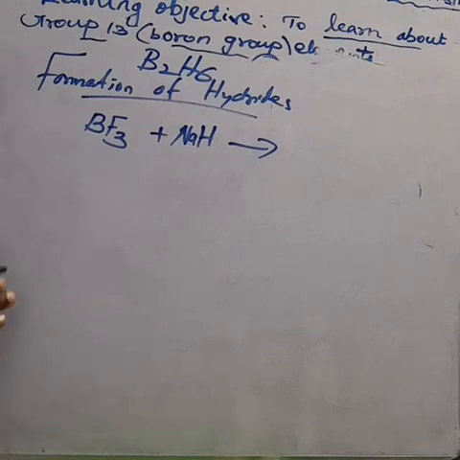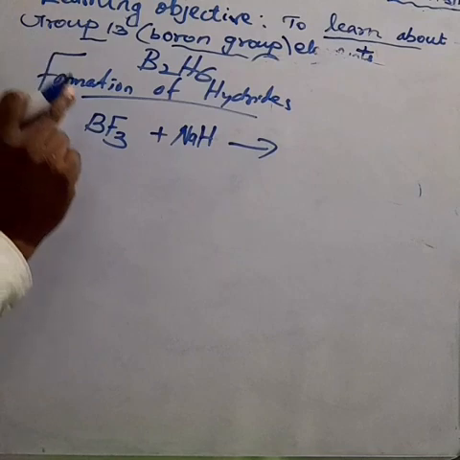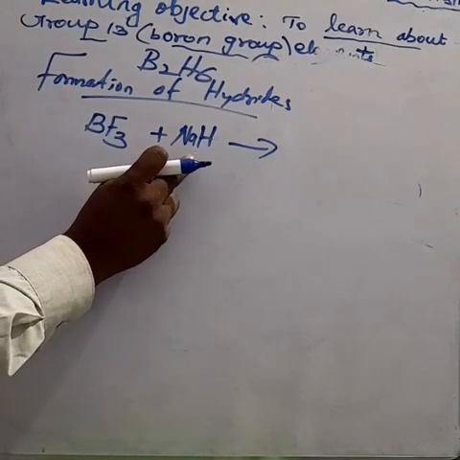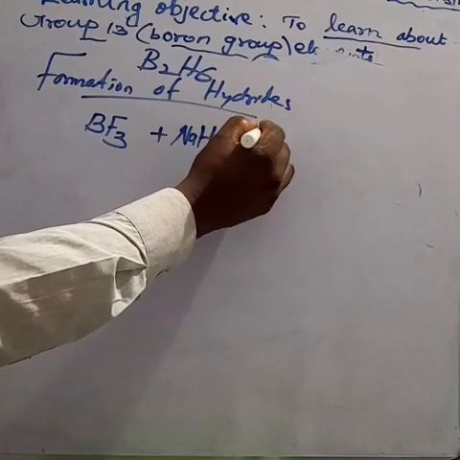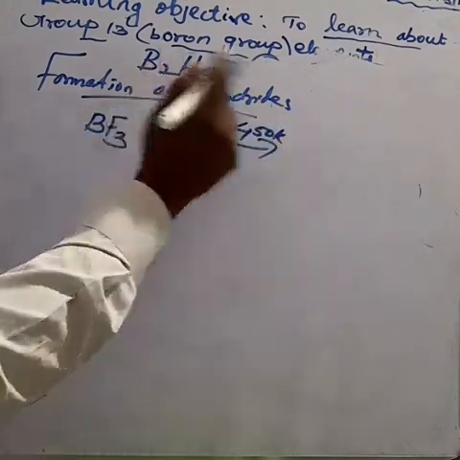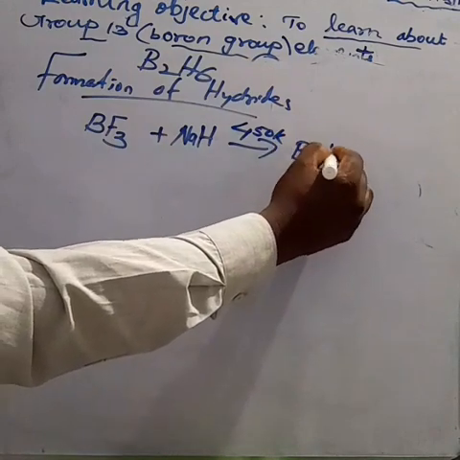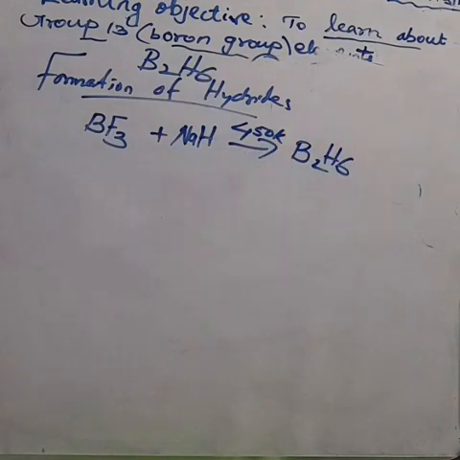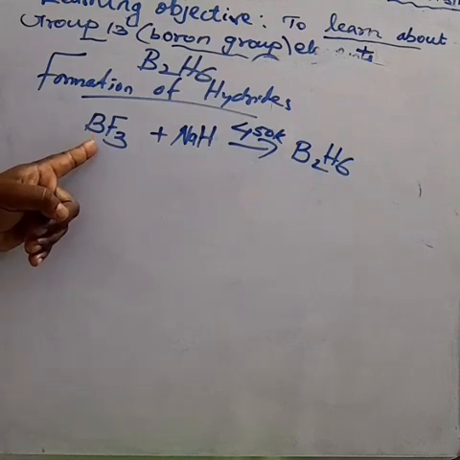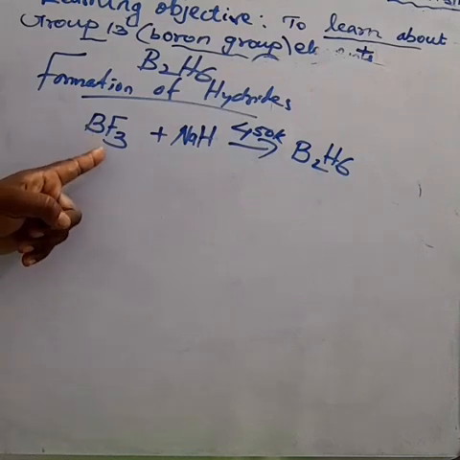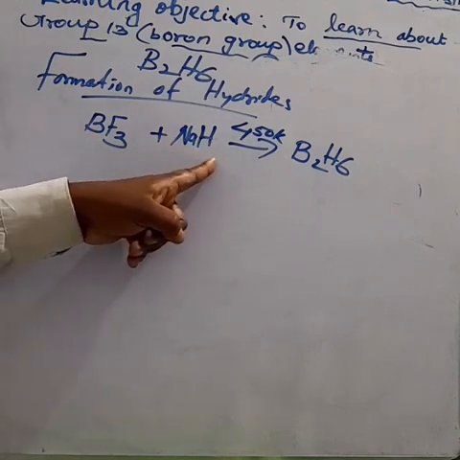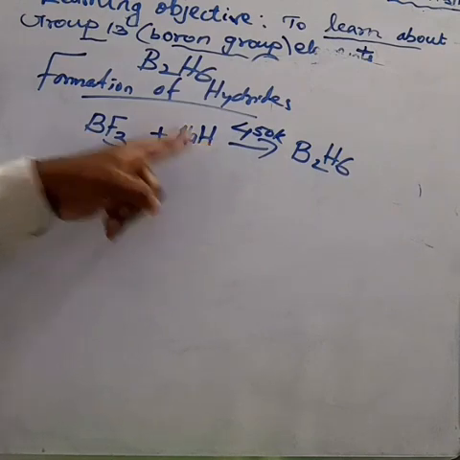Boron trifluoride on treatment with sodium hydride around 450 Kelvin, we get diborane. Can you understand, my dear children? Here we are taking boron trifluoride. What is the formula for boron trifluoride? BF3. Boron trifluoride reacts with sodium hydride.